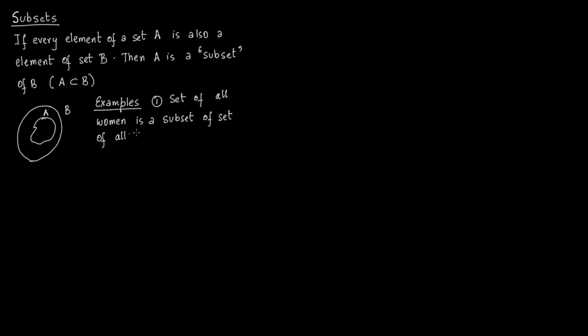So subset of all people is a smaller set of women. So that is clear. Set of women is set A, B is set of all people. Another example, set 2, 4 is a subset of set 1, 2, 3, 4.